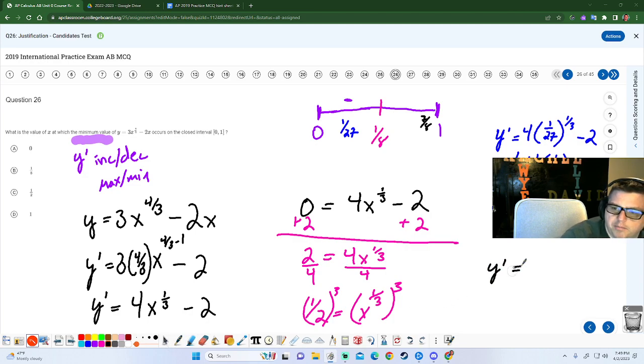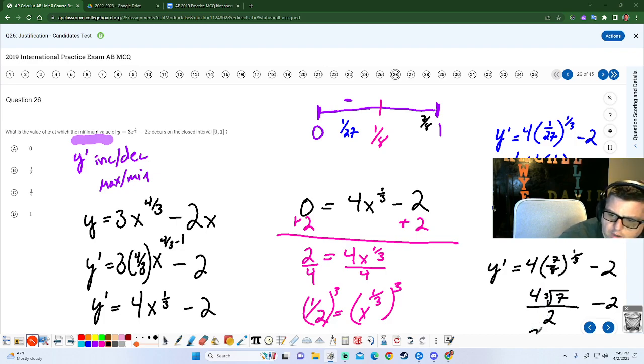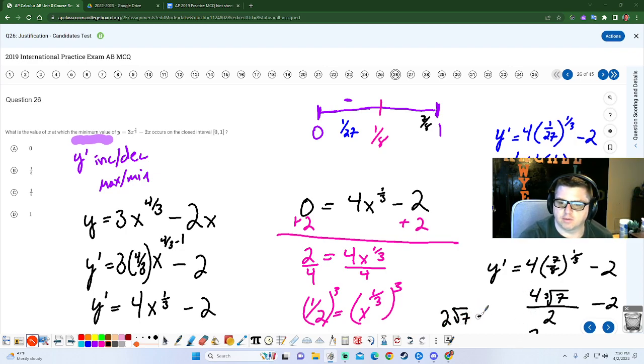So y prime equals 4 times 7/8 to the 1/3 power minus 2. So we will have 4 times the cube root of 7 over 2, minus 2. And then when we do 4 divided by 2, that will give us 2 times the cube root of 7 minus 2.